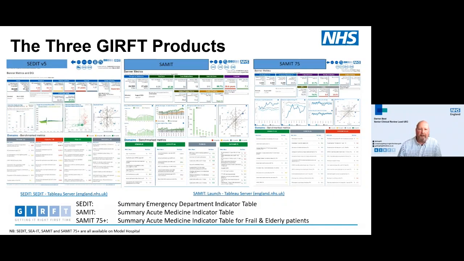It provides you with an overview of the good, the bad, and the ugly. In the middle, you've got the SAMIT, which is the acute medicine variant. And then on the right-hand side, obviously, we're talking about the SAMIT 75 today, which provides you with an overview of the frailty in older people aspect of your trust.